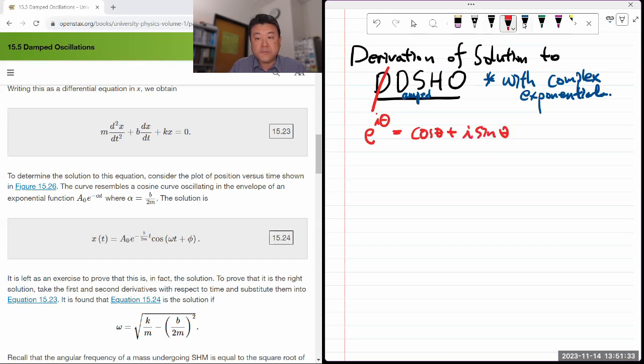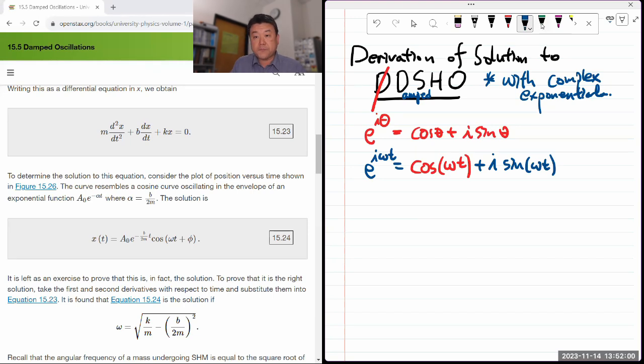If we have any oscillatory phenomena, like something that goes as cosine of omega t, then we can represent that with e to the i omega t, which will actually be this plus i sine of omega t.